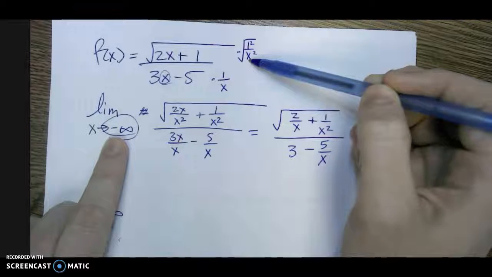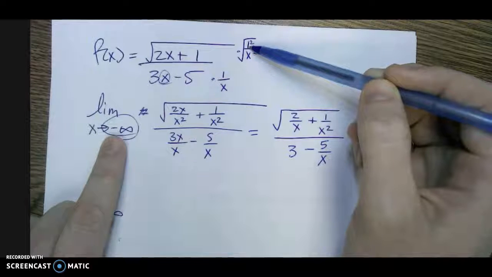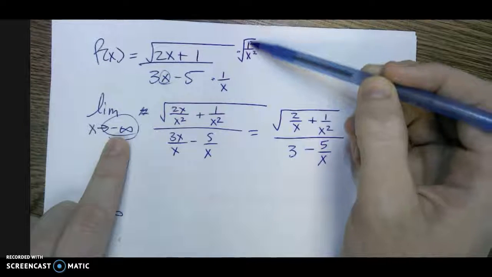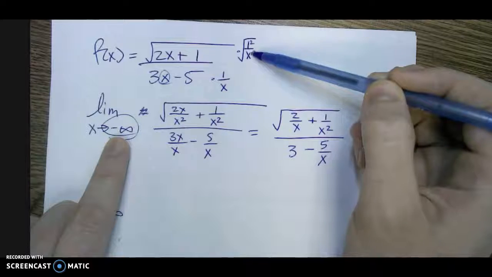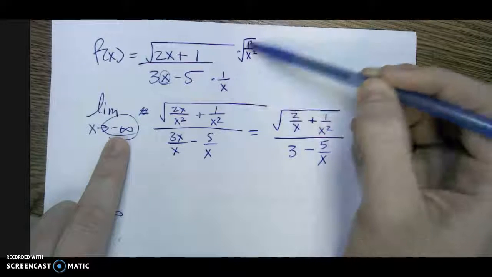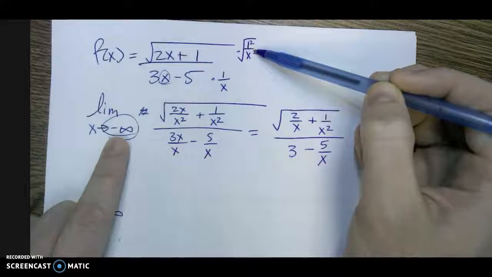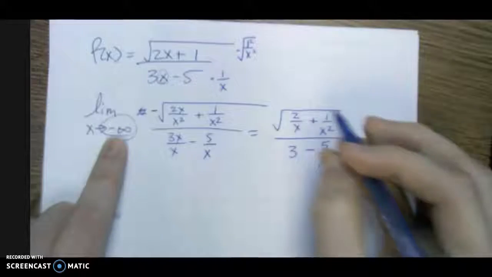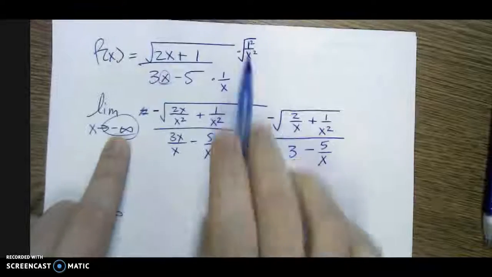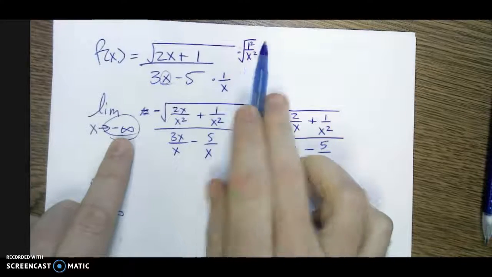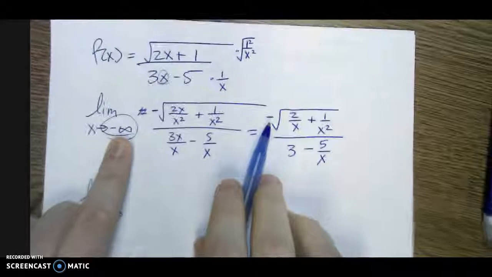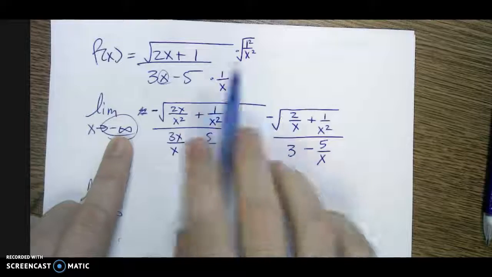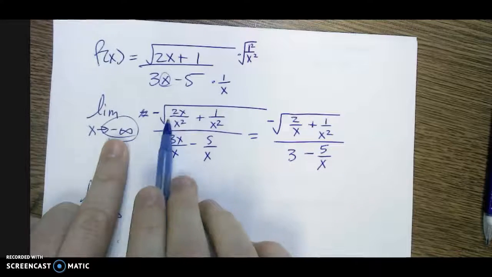But up here, the negative that I used to have, because it was 1 over x, I changed into a positive when I squared it. So the negative that balanced out went away. So because I got rid of that balancing negative, I have to put a negative in front. This is only when I go to negative infinity and only when I had to square something inside the radical. So there's this extra negative, which I can explain to you further if you need help with it, but it's only when you have a negative infinity and a square root.